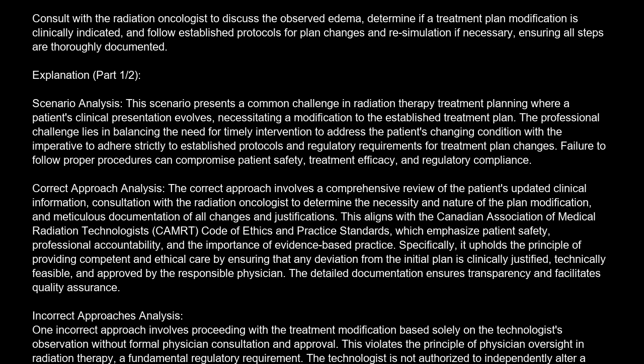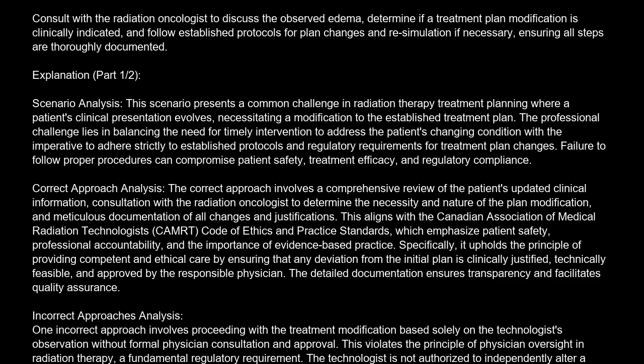Specifically, it upholds the principle of providing competent and ethical care by ensuring that any deviation from the initial plan is clinically justified, technically feasible, and approved by the responsible physician. The detailed documentation ensures transparency and facilitates quality assurance.